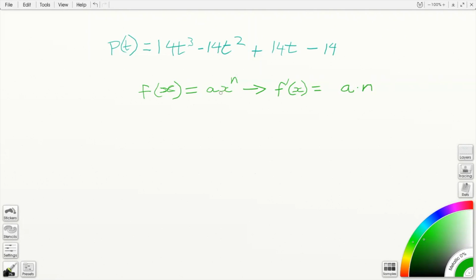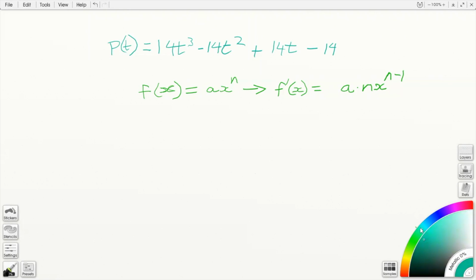So n comes down and we multiply a and n together. We keep the unknown there, and then what happens to our exponent, n, is we subtract 1 from it. And once again, we're going to apply this rule to solve this problem.